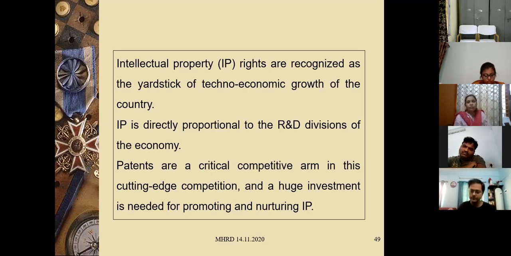Patents are a critical competitive arm in this cutting edge competition, and it needs a huge investment, of course, because the patent filing fee is not small. For the patent search itself, they charge companies and firms anywhere between 50 and 80,000 initially. Then a provisional or non-provisional patent again depends. It could be 1 lakh to 1.5 lakh if it is only in India.